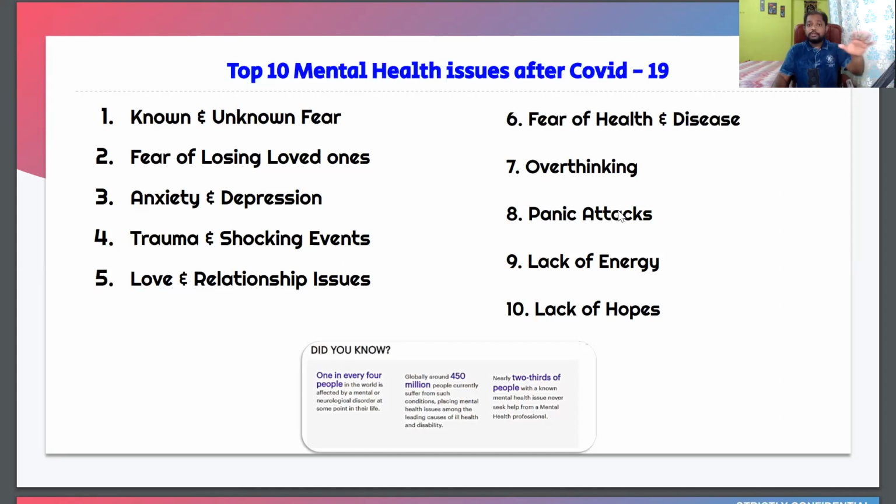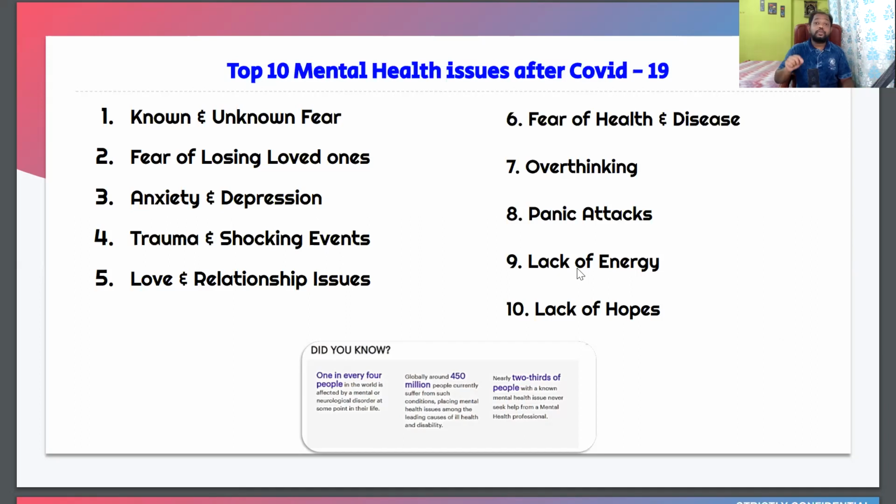So you all may relate to this situation in your life as well, or you have seen it as a practitioner, as a therapist, as a doctor, or as a common man, how these situations really impacted people's lives. Moving to the next section, anxiety and depression. The ratio of people getting into this situation chronically increased during the pandemic.